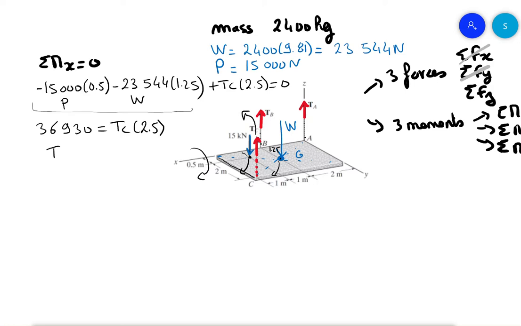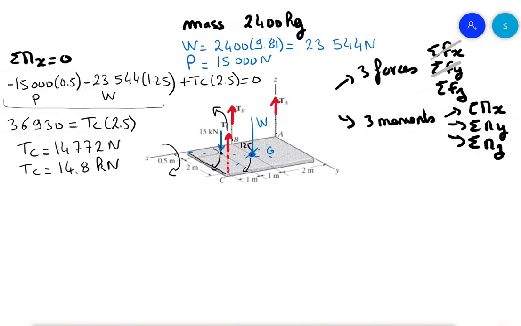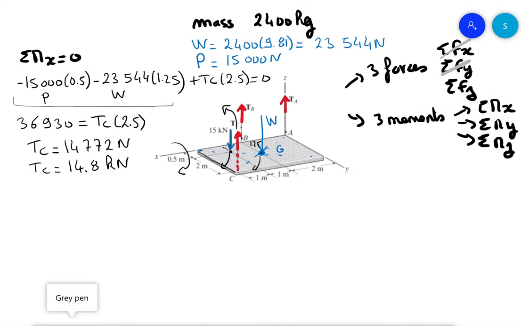So we got TC that is equal to 36,930 divided by 2.5, 14,772 Newton, that we can write 14.8 kilonewton to keep three significant figures. Okay, so we used the moment about X.